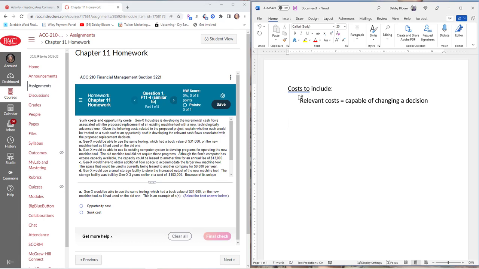The first cost we're going to look at is a sunk cost. Sunk costs are never relevant and can be ignored in making a decision.